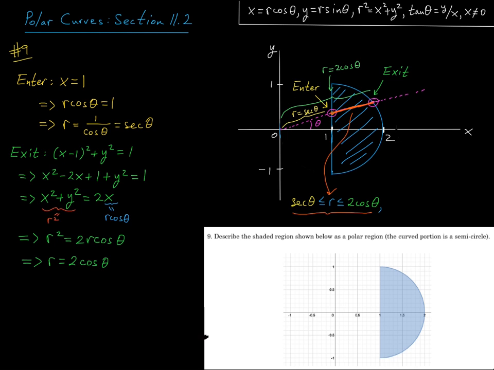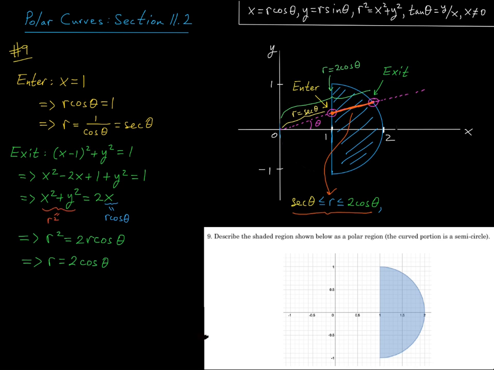Now we want to fill out the rest of this region. Right now we're just describing the set of points on this orange line segment. So now I want to let theta vary to fill out the blue region with similar line segments.